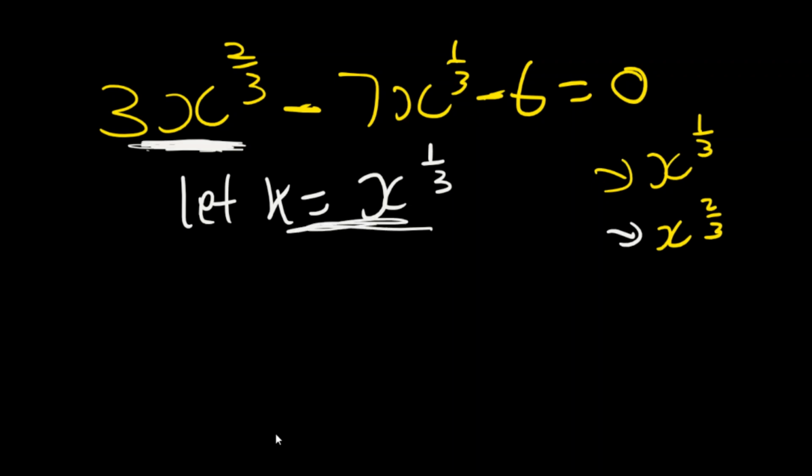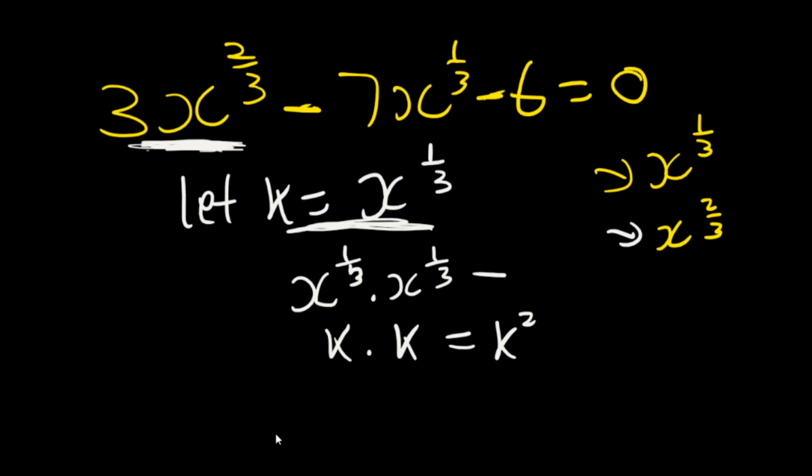If this is equal to k, then what is k squared in a general sense? k squared would be x to the power of 1 over 3 multiplied by x to the power of 1 over 3, right? Because this would be k and k, which is k squared, which here would be x to the power of 2 over 9, right? So k squared would definitely be this one, right?